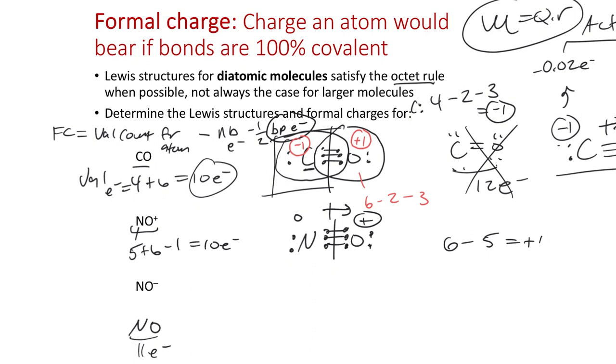And then lastly, for NO-, we'll revisit NO without the charge later. But for NO-, just remember for anions, we're adding those electrons into the valence shell, so we have 12 electrons. And so this should look like O2, which has 12 electrons, so a double bond.